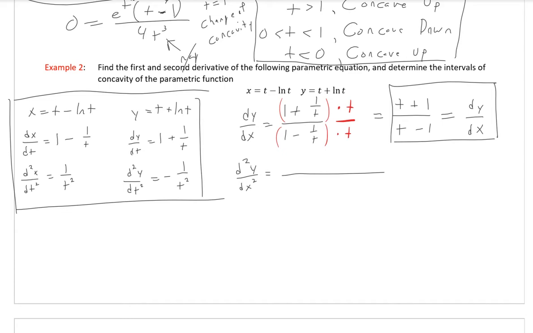So I want the dx dt, 1 minus 1 over t, times the derivative of the top, which is negative 1 over t squared, minus the other pairing, so 1 plus 1 over t, times 1 over t squared. This is also nice because basically I'm just multiplying these ones. It's almost a cross multiplication. Over the original denominator squared. So 1 minus 1 over t, not squared, cubed, sorry.